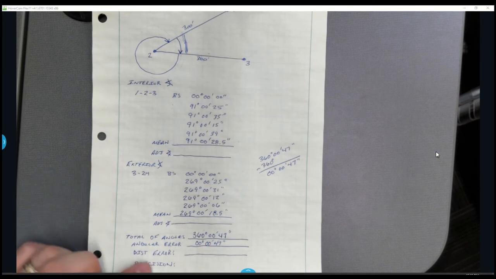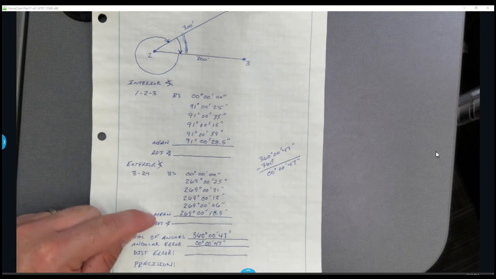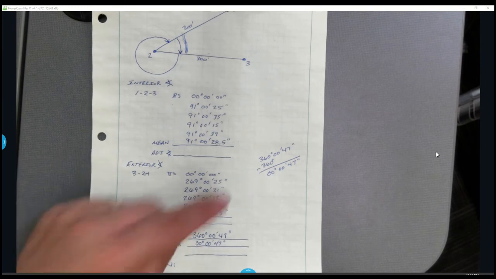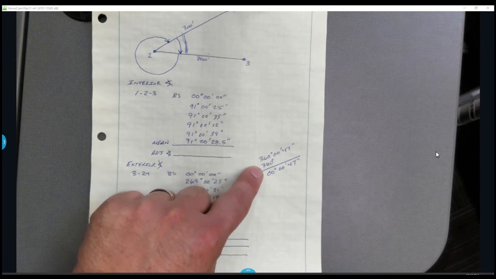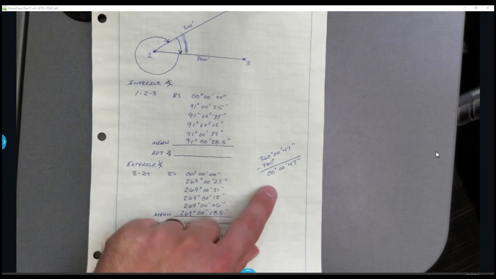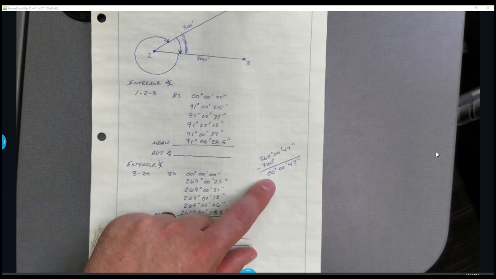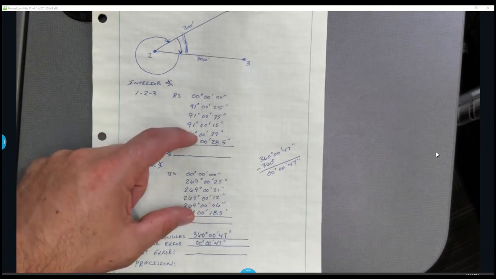All right, so we're going to worry about the distance error here in a little bit, but now we're going to go through and adjust our angles. If I'm trying to adjust to 360 degrees, we know that our error is 47 seconds. We want to take that off equally from each angle.